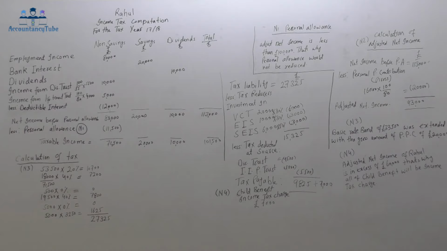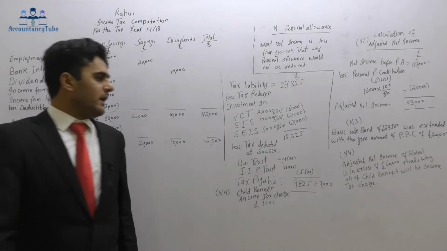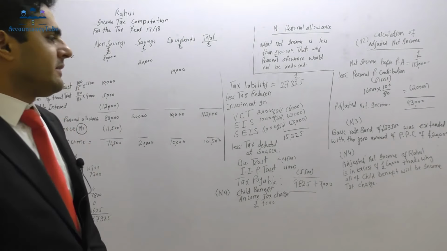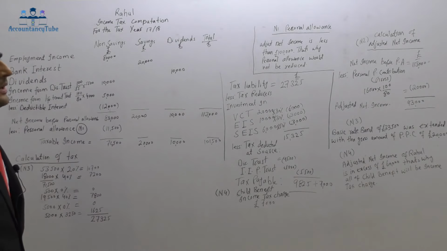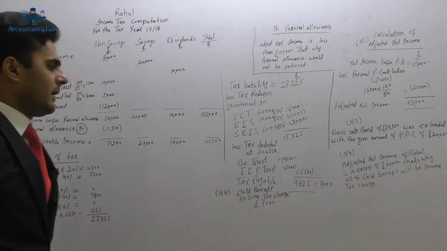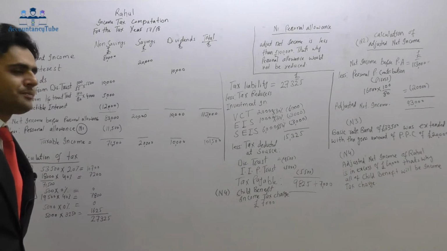All right, so that is what I have written in note 4. If it is going out of the frame, please make sure you write it down. Note 4 is: adjusted net income of Rahul is in excess of £60,000. That's why all of child benefit will be child benefit income tax charge.